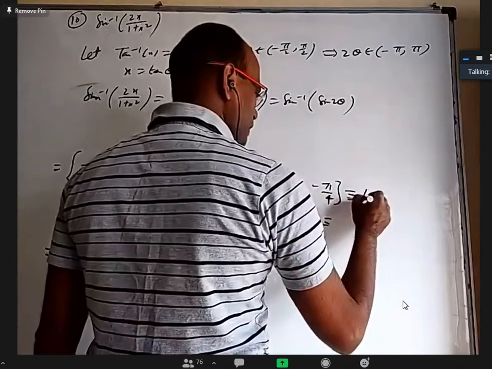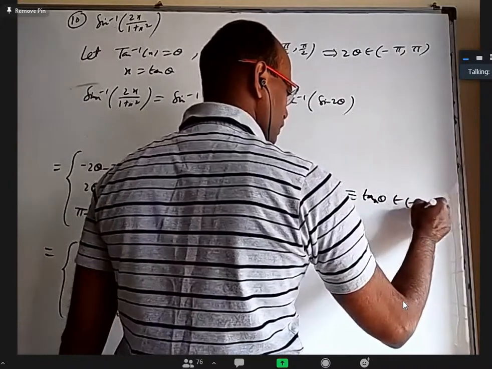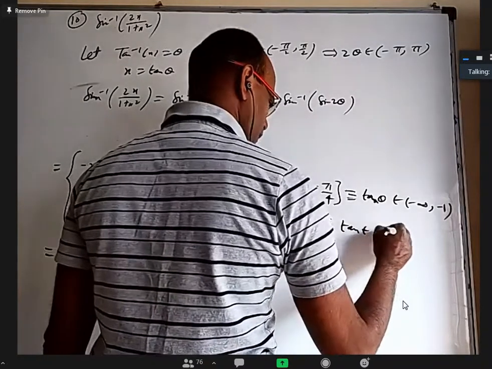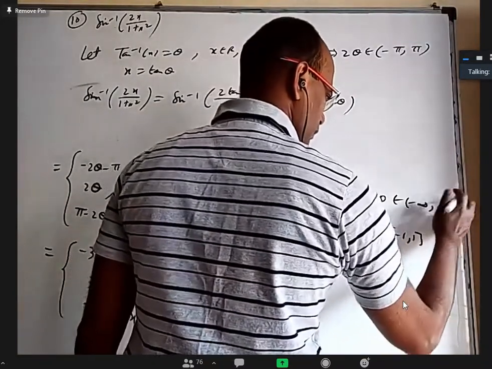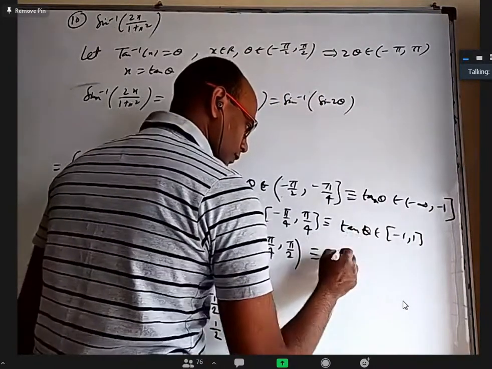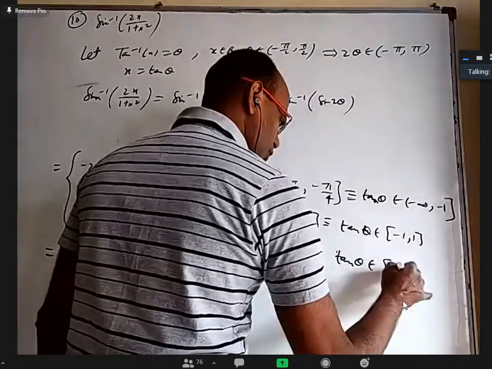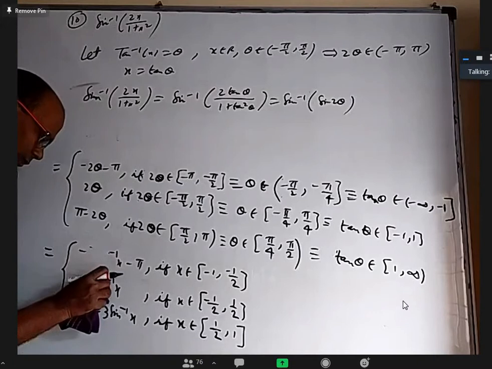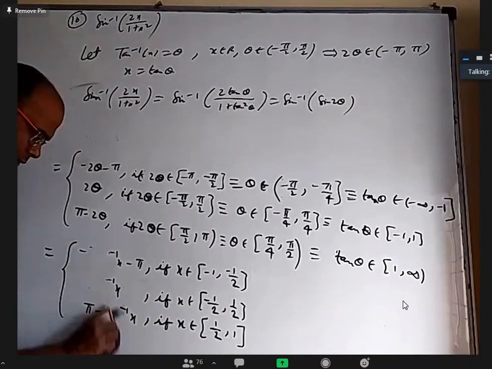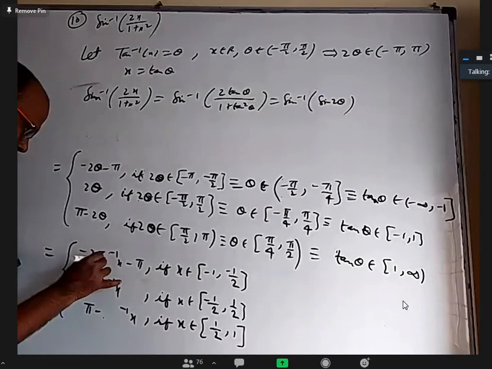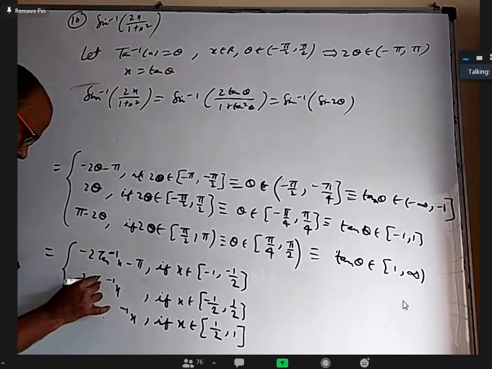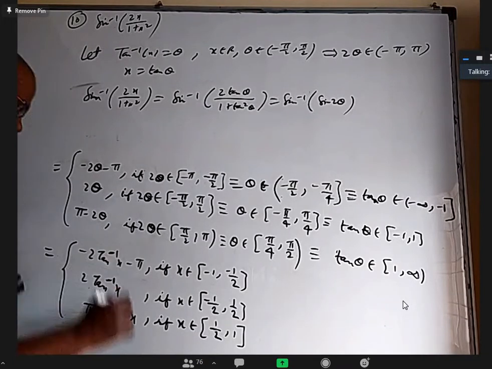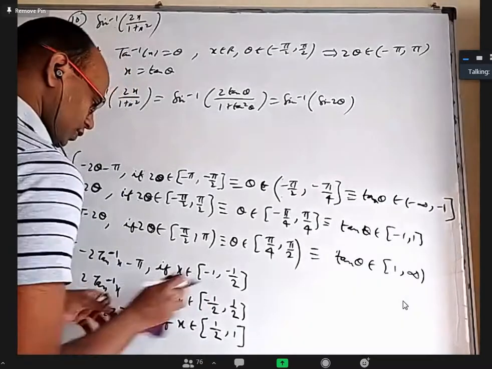And corresponding tan theta is between minus infinity to minus 1. Here tan theta is minus 1 to 1. Here tan theta is from 1 to infinity. This is minus 2 tan inverse x minus pi, this is 2 tan inverse x, this is also 2 tan inverse x. This is minus infinity to minus 1.